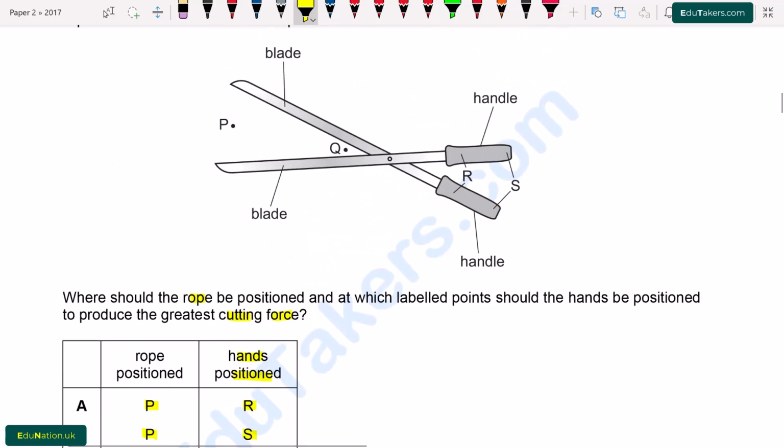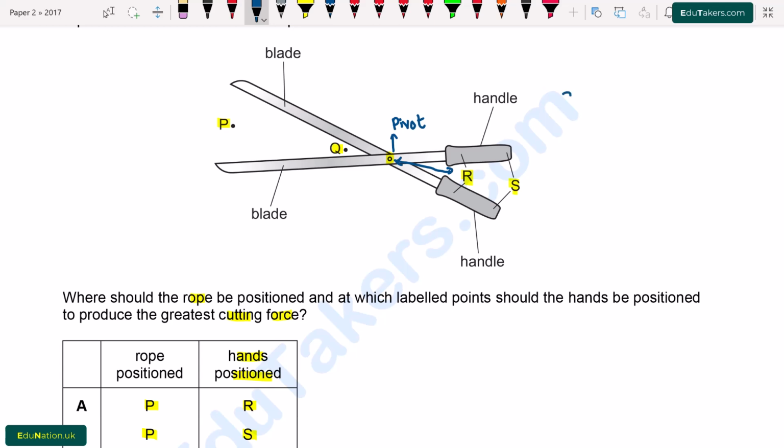First of all, we see this diagram. Here different points are shown. Here are R, S, Q and P. This is the pivot point. So the distance between the pivot point and the point S is larger as compared to the distance between the pivot point and R. It means that more torque will be produced by using the scissor from that position.